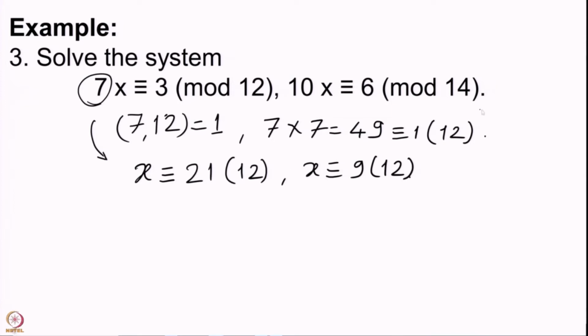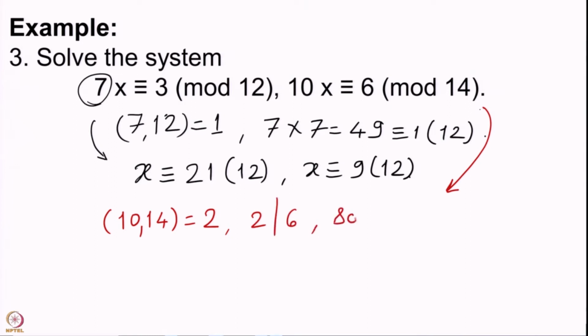Now, we look at the second one. To solve the second one, we note that the GCD of 10 and 14 is 2 and 2 does divide 6. So, we have two solutions.